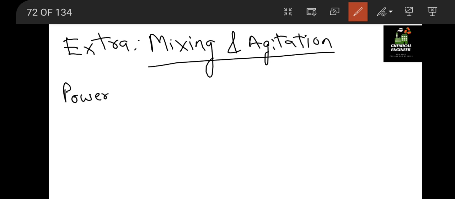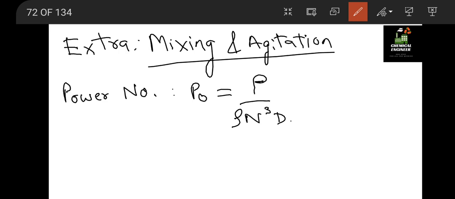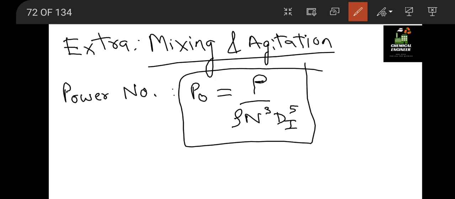First is the power number, which shows the power required by the impeller, equal to P divided by rho n cube di raised to 5. So this is the power consumption.